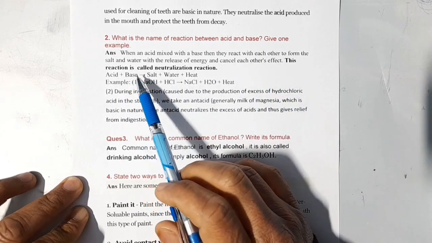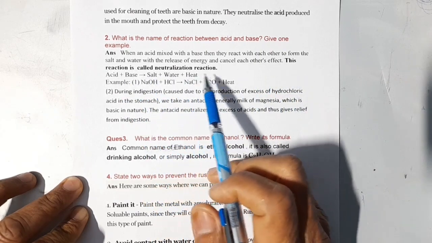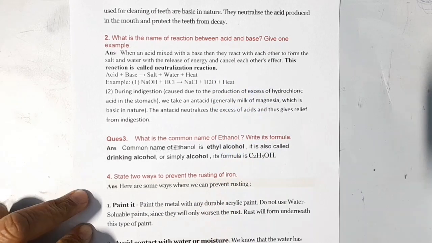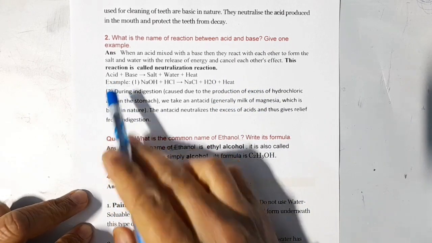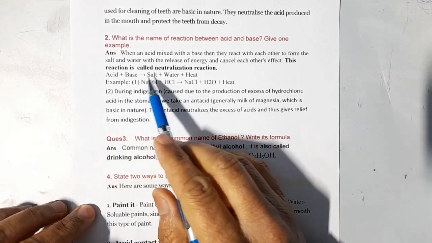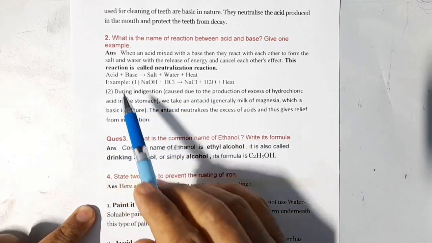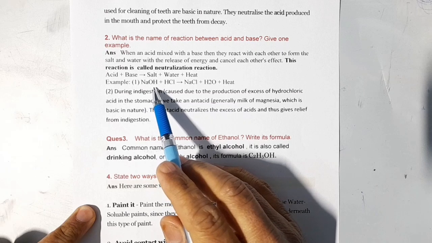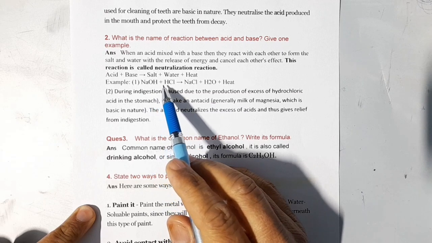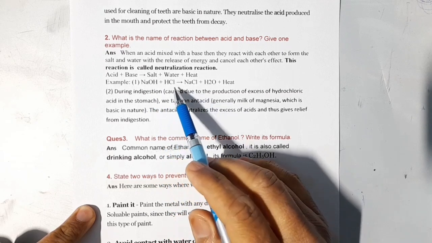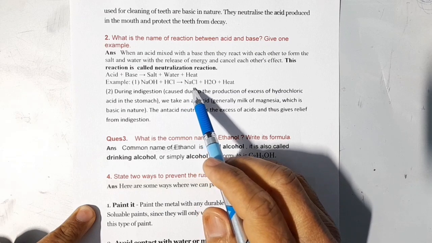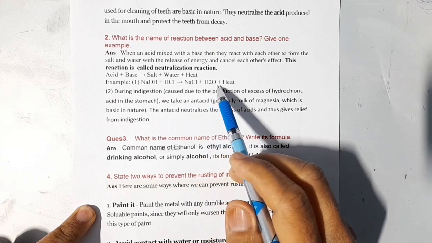This reaction is called neutralization reaction. Acid plus base gives salt plus water plus heat. Example, sodium hydroxide reacts with HCl and it gives sodium chloride plus water plus heat.